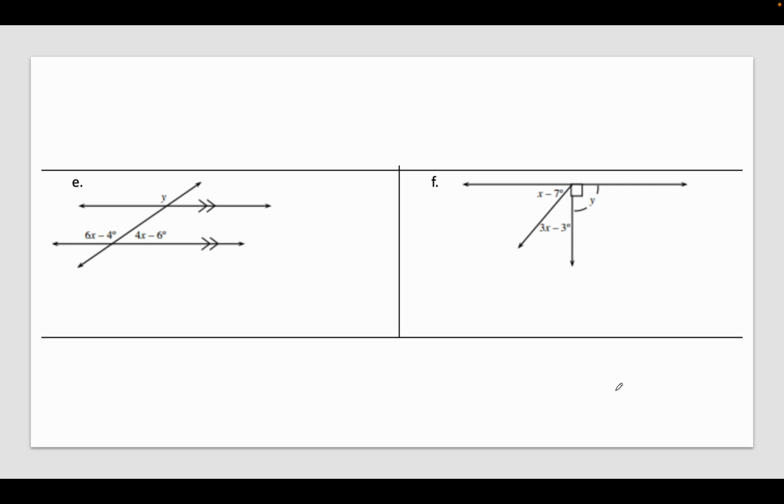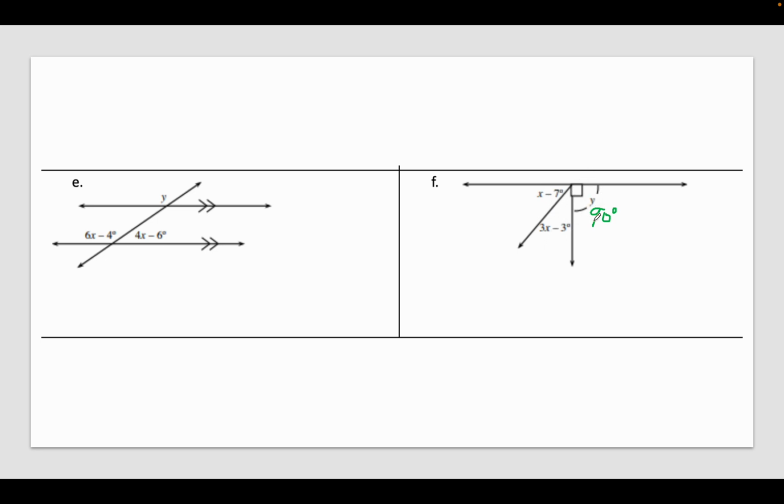F is definitely the hardest, so I'm going to go through F and then just set you up on E. So F. I know all of these three things add up to 180 degrees. This little box means that this angle is 90 degrees. So that's helpful. We already know what y is.